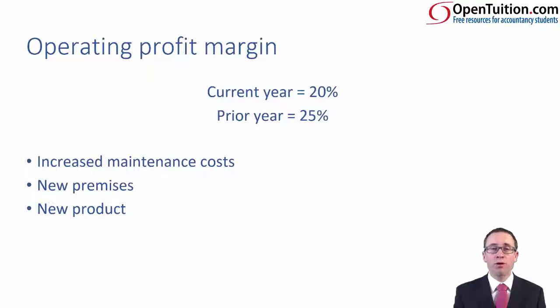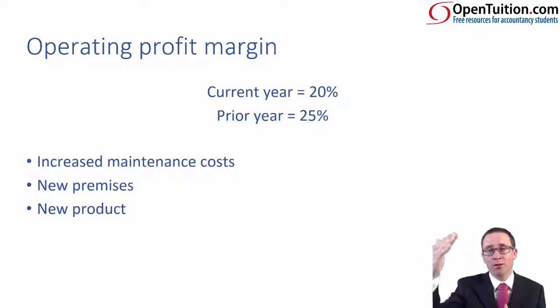Could be you've launched a new product. What happens when you launch a new product? To get that product to market, what do you have to do? Yeah, you need advertising, you need marketing. Whenever Apple or Microsoft launch a new product, there's posters, there's billboards, there's television adverts everywhere. It's costly, isn't it? It's not cheap to do.